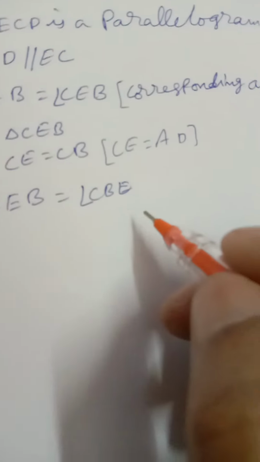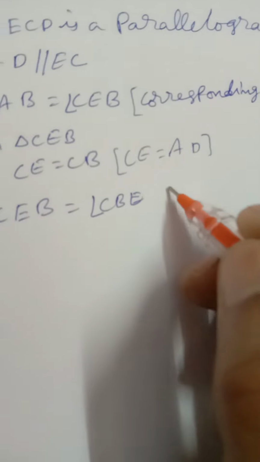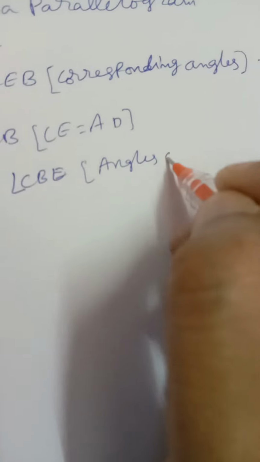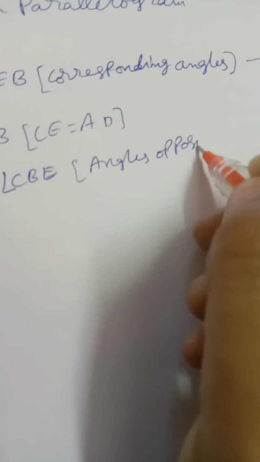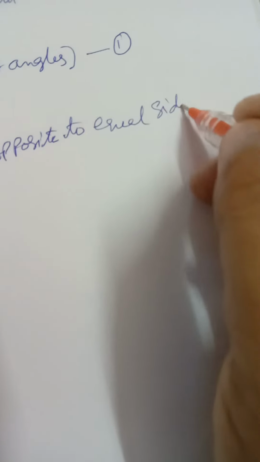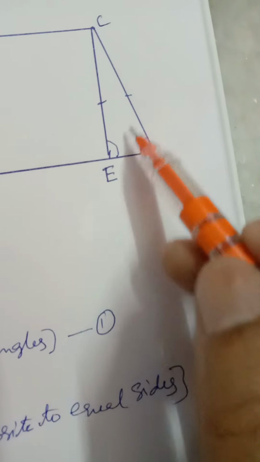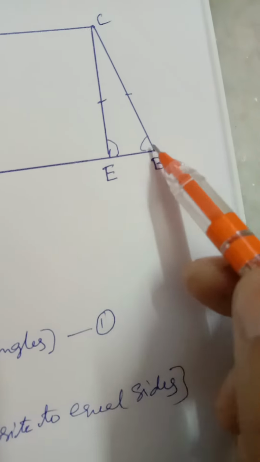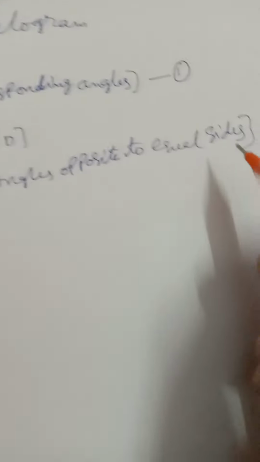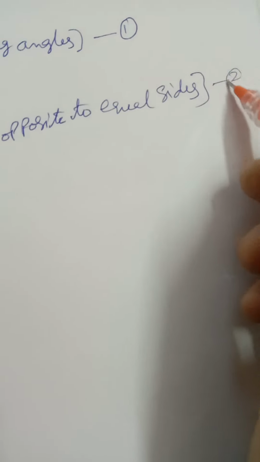Angles opposite to equal sides are equal. CE is equal to CB, so angle CEB is equal to angle CBE. This is equation 2.